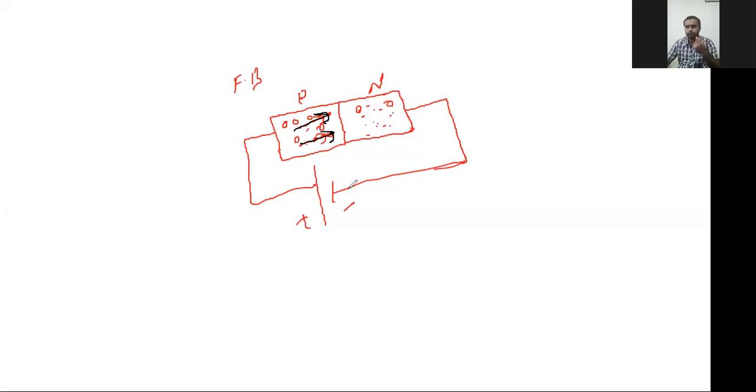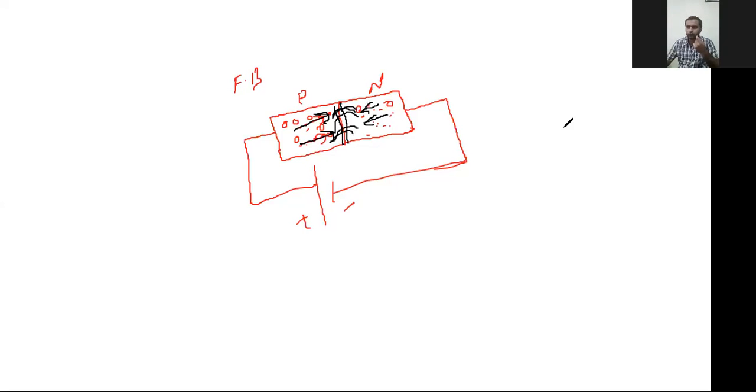Same as this, this is the negative terminal of the battery and electrons are negatively charged, so both have the same polarity and apply force on the inner side. In this case, the depletion layer is thin, so electrons and holes recombine at that point. This is the forward bias condition.